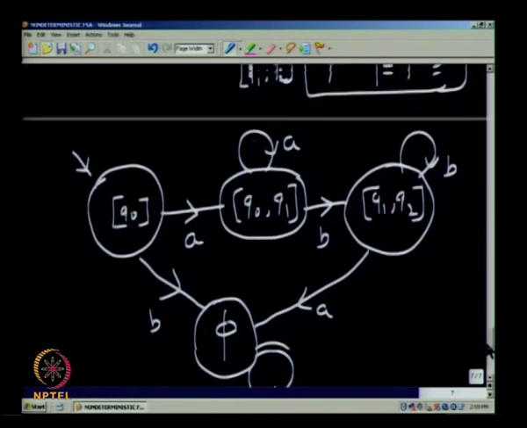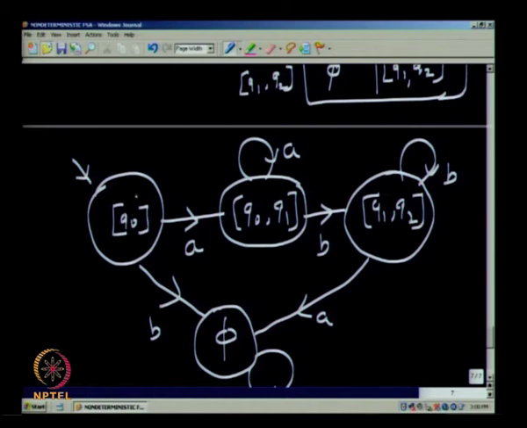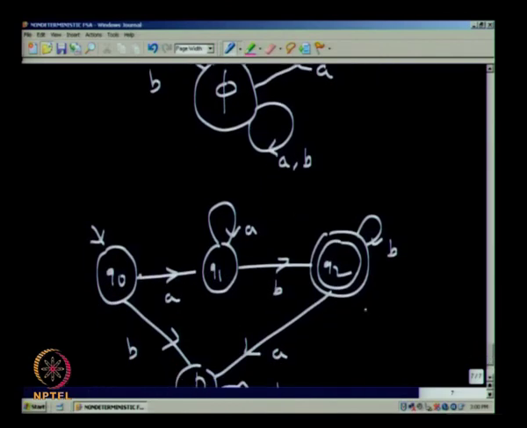The initial state is just the one containing Q0 alone, and in the original diagram Q2 was the final state. So, any subset among these, this is the only subset containing a final state. So, this will be made as the final state. So, if you write it in a token form, this is the final state.